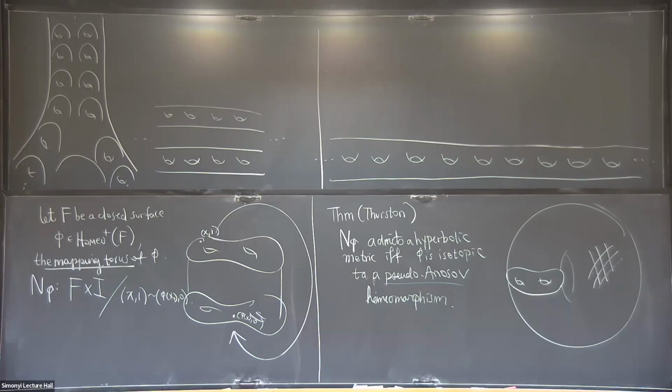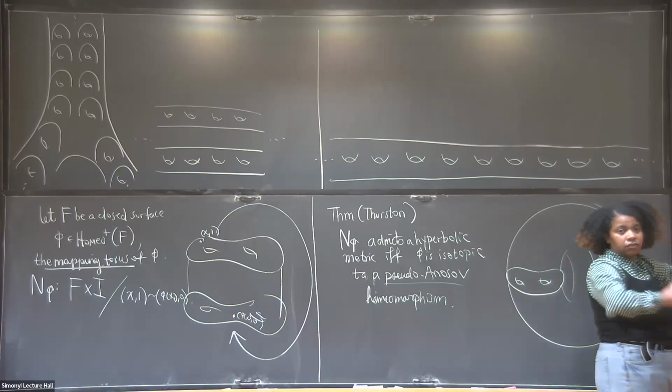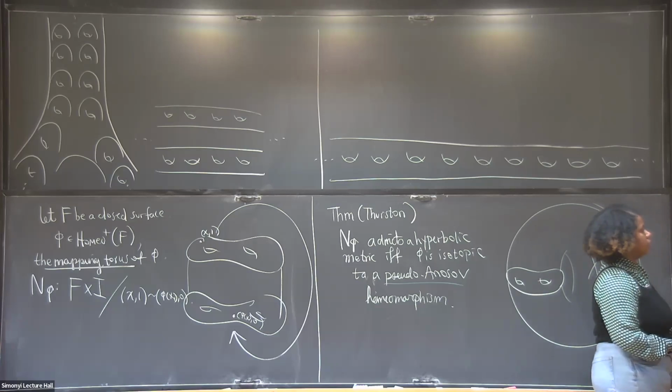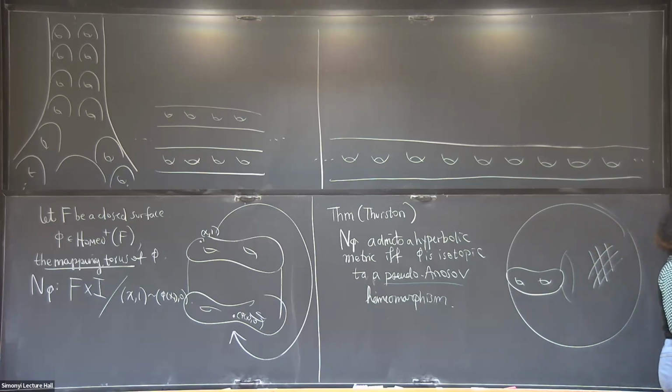That doesn't happen with pseudo-Anosovs. We should think that these maps are mixing up my surface very heavily. There are no periodic curves, so it doesn't preserve any multi-curve on my surface.